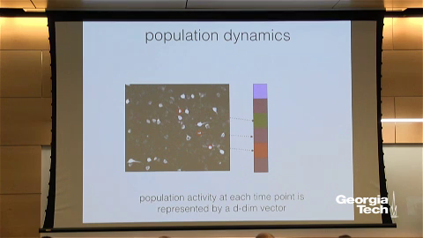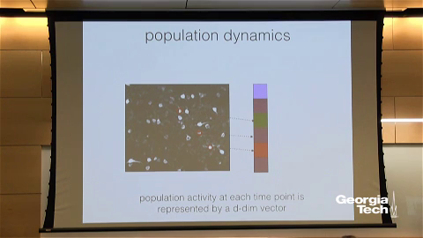One way to move forward, and something that's been popularized over the past few years, is this idea of representing the joint activity of many neurons simultaneously at a given time point as some sort of d-dimensional or higher dimensional feature vector that describes the activity of many of these neurons jointly.